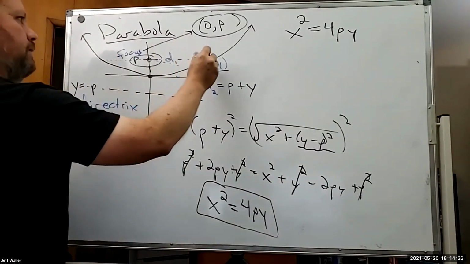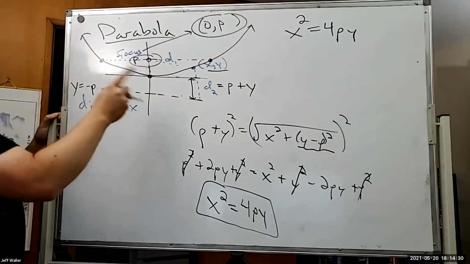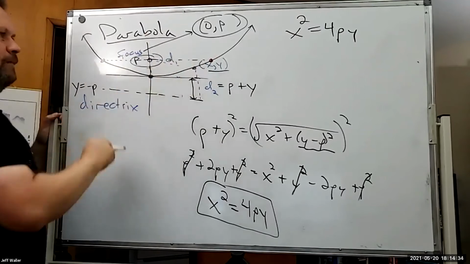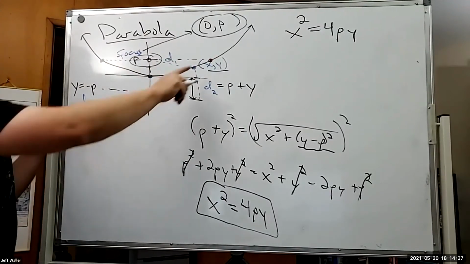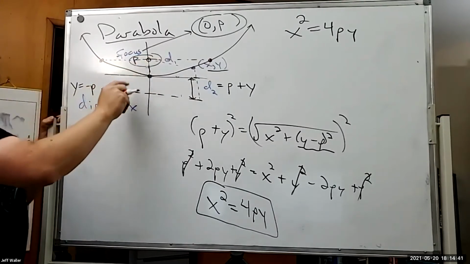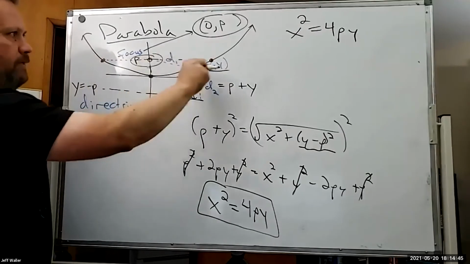Whatever point this is, and whatever point this is, what is the output at those points? At those points, right across from the focus, what is the output? P. Right, because that's where it is.